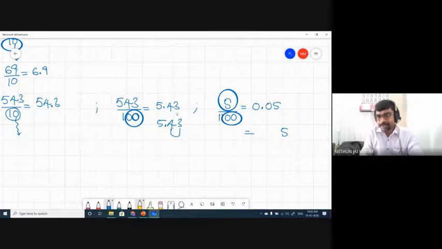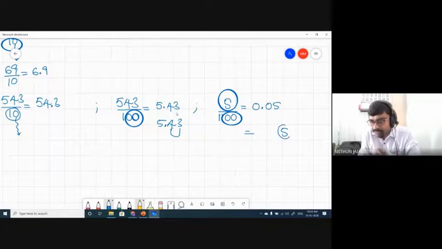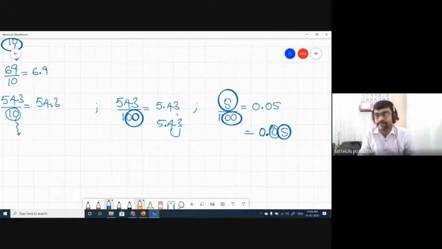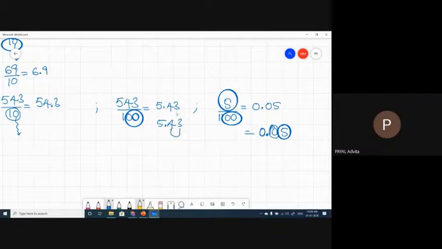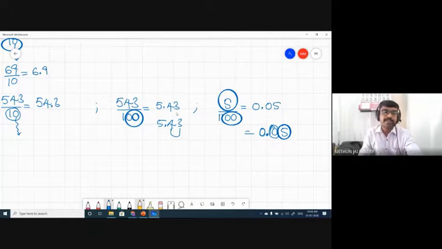That means after point we should have 2 decimal places now. So what we will do? We count, this is 1. But there is no 2 actually. If there is no 2, we can take 0. And then you keep a point here, and then one more 0 will come, because before point also you have to keep 0 every time, right? Sir, I understood. Yeah, thank you so much.